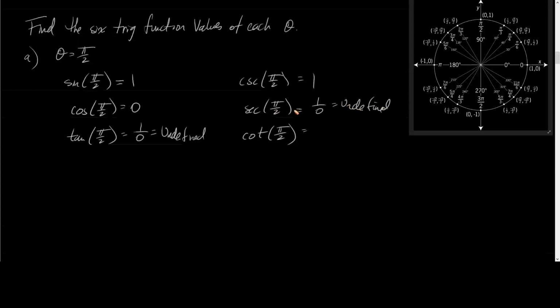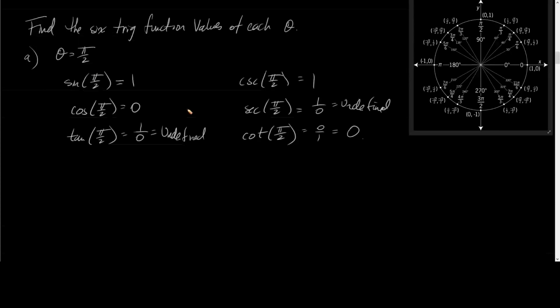So secant of pi over 2 is not a thing. For cotangent, we know it is the reciprocal of tangent, so it would be 0 over 1, and 0 over 1 is just 0. So cotangent of pi over 2 gives us just 0. And again, all I did there was look at these coordinates, keeping in mind that the x value was cosine and the y value was sine.